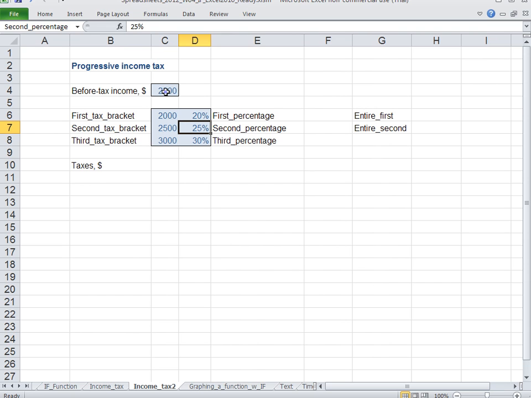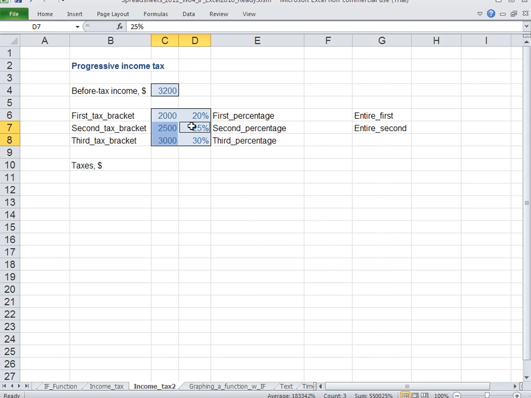And now the last option was, let's say your income was 3,200, and then, since you were in the highest bracket, you had to pay 20% on the entire amount from 2,000 to 2,500. Then 25% on the entire amount from 2,500 to 3,000.